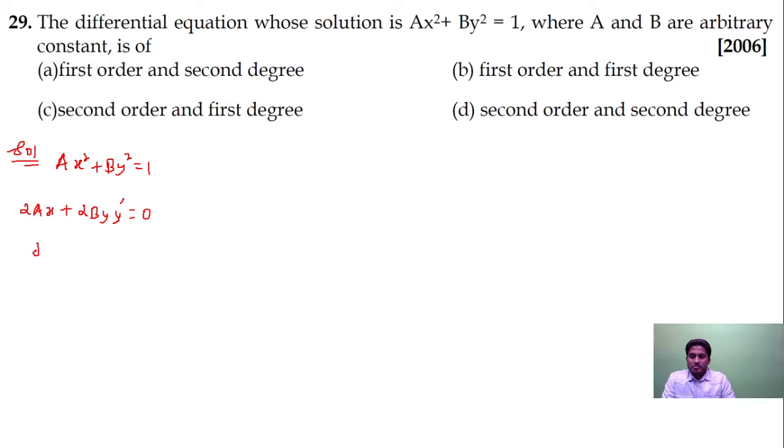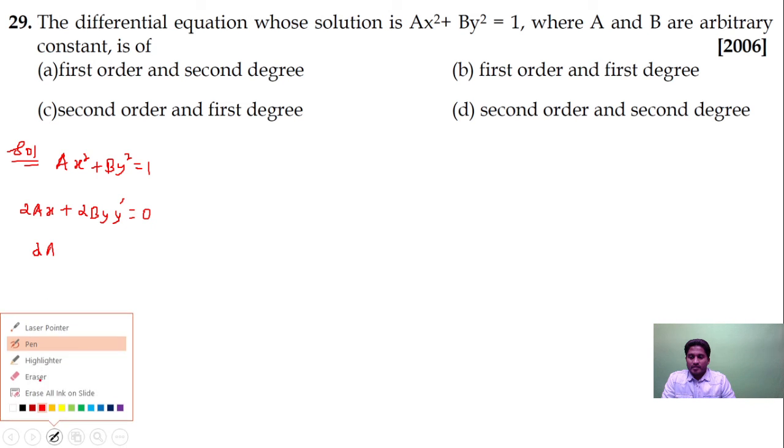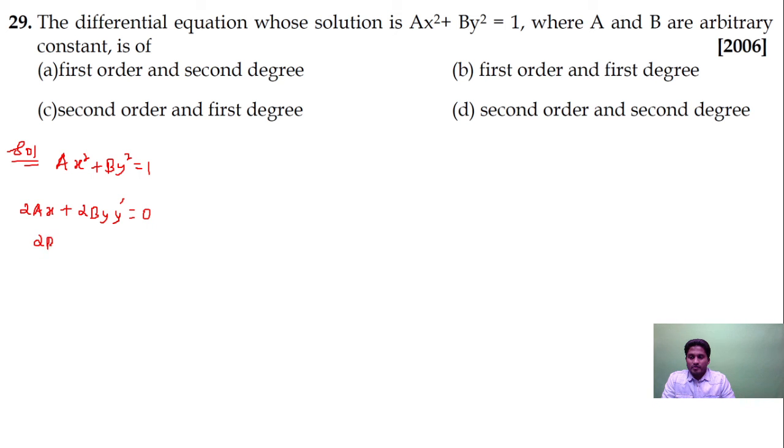So I differentiated once, so this is 2by into y dash is equal to minus 2ax. I'm going to cancel this 2 and 2. From this I can write y by x into y dash is equal to minus a by b.